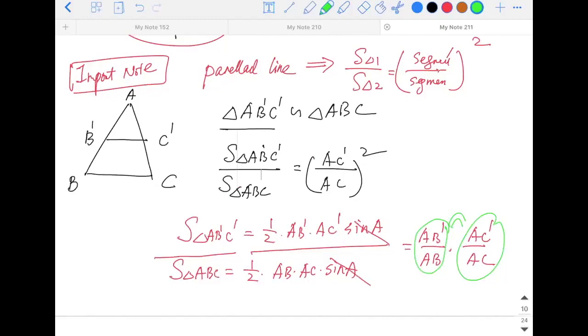Two triangles that are similar to each other, the corresponding sides are proportional to each other. Yes or no? Do you guys know this? We're going to cover this in our future lecture, but I really would like to know if you know this or not at this moment. Can I have some feedback? Yes or no?